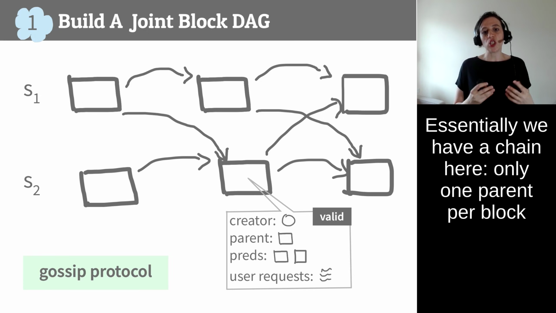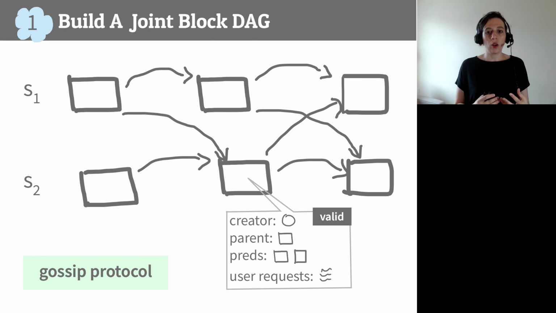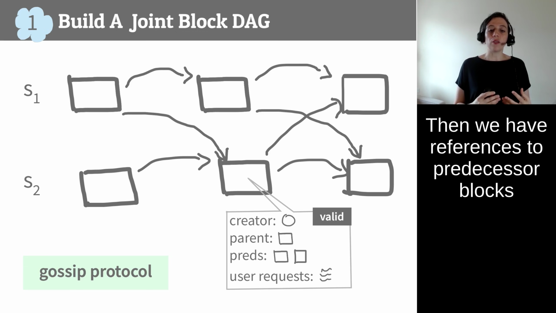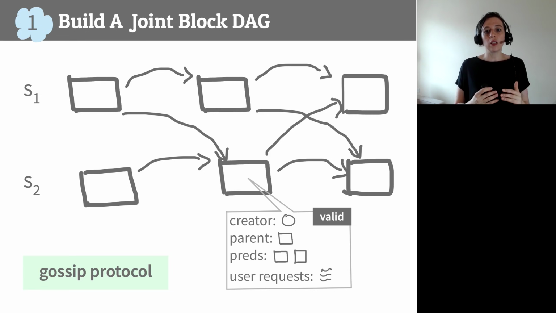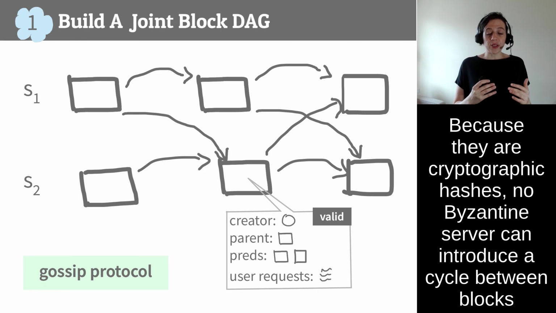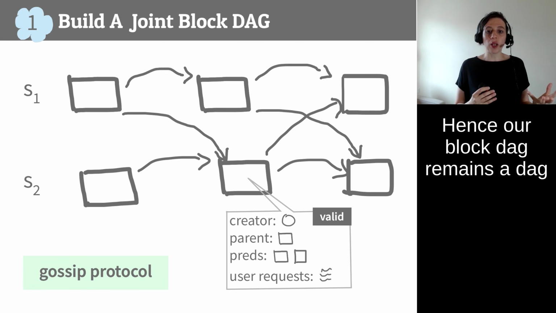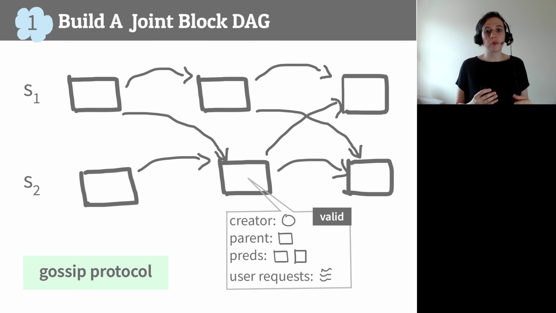Essentially, we have a chain here. Only one parent per block. Then we have references to predecessor blocks. These references create the graph structure. They are the links. Because they are cryptographic hashes, no Byzantine server can introduce a cycle between blocks. Hence, our block DAG remains a DAG.